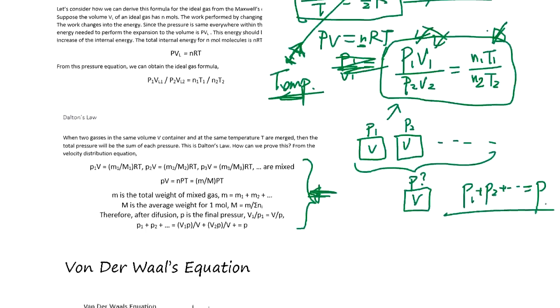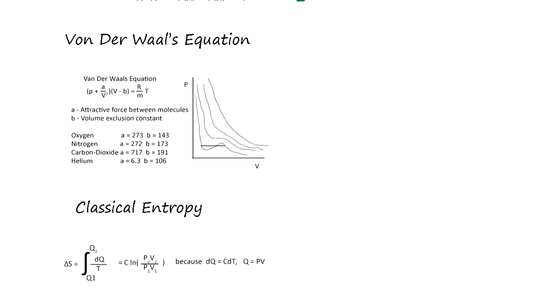So for the ideal gas, there are several other laws you can derive using the basic equation. One of the interesting ones is the van der Waals equation. What is the van der Waals equation? Well, it deals with the change of pressure. Actually, the molecules have an attractive force, and this force has an effect on the pressure.